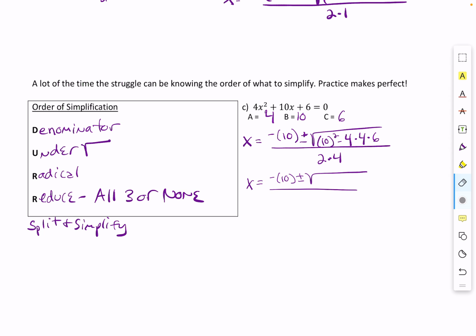And I get 4. Careful, if you didn't get 4 and you think you typed it in just like this, double check. Did you use a negative here instead of a subtraction? Okay? There's a difference between your subtraction button and your negative button. If you do the negative button, it's going to think you want it all multiplied. You're going to get a big number.